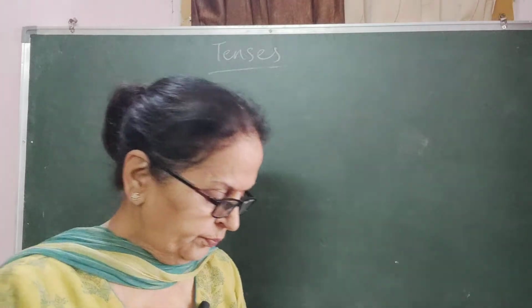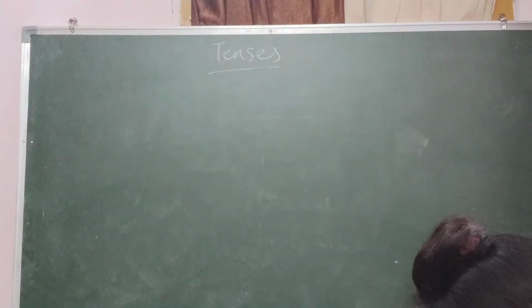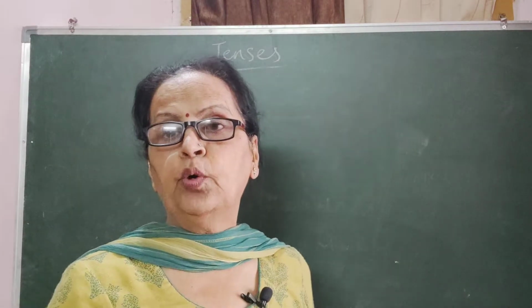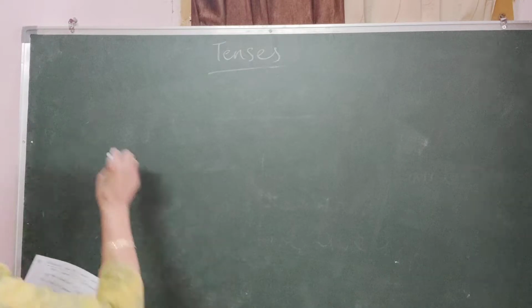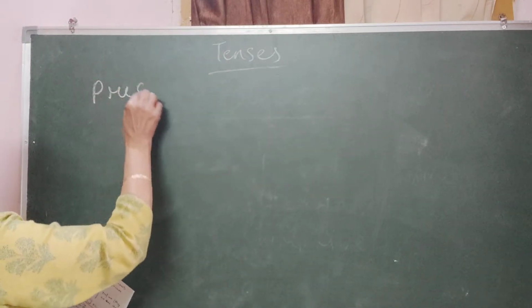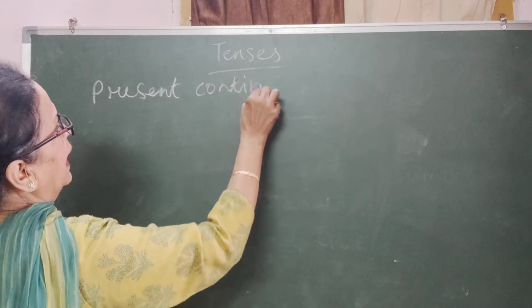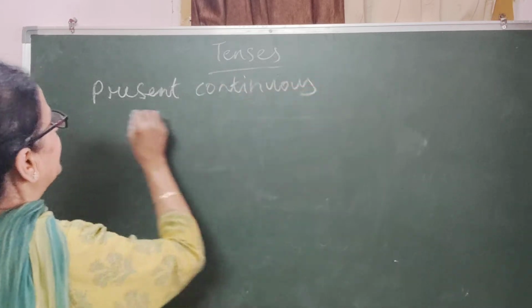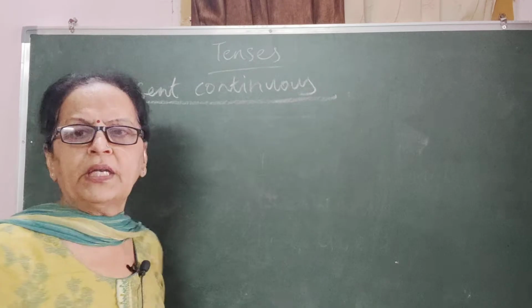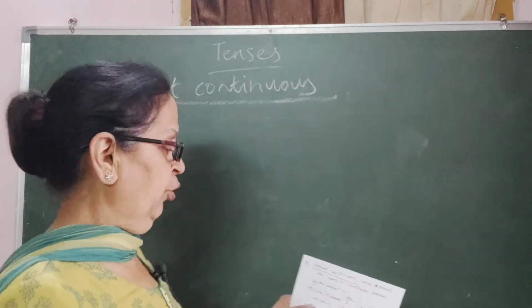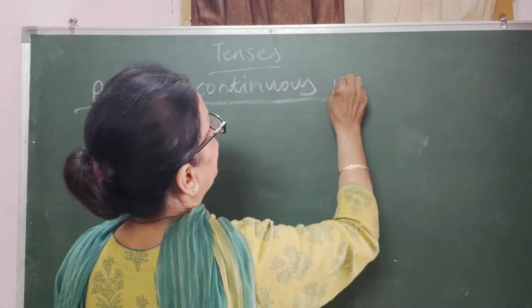Very good. Now we are going to move to the second type. What was the second type after simple present? It was continuous. Right. So we are going to do present continuous. I am going to give you very few examples so that you can apply the rule very fast. Again here, this shows that the work is in process.